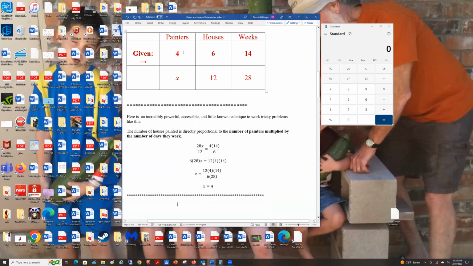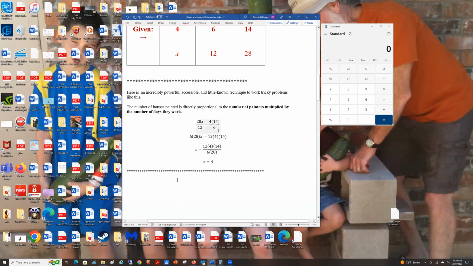So here is what kind of equation you get out of this with the proportion. The number of houses painted is directly proportional to the number of painters times the number of, in this case, weeks. So that means the weeks is 28, the painters is X. 28 times X divided by 12 must equal 14 times 4 divided by 6. Really? Absolutely. Because that's how proportions work.